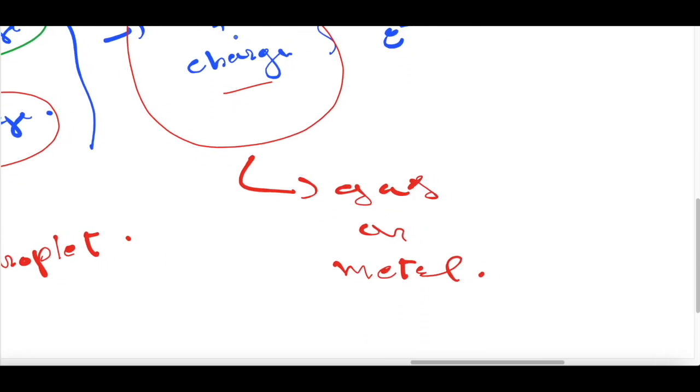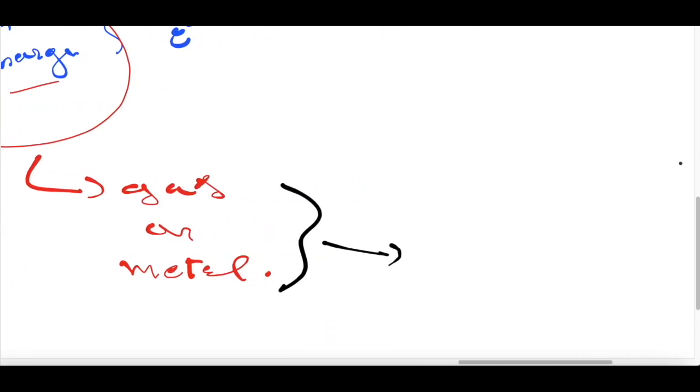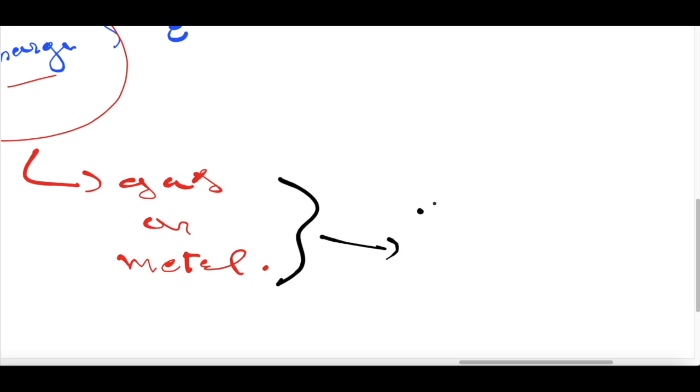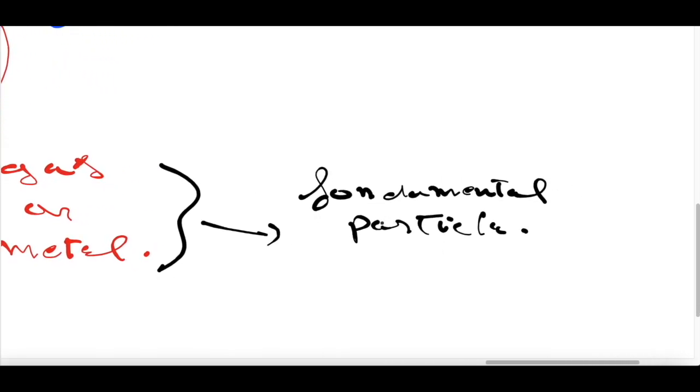So it was concluded that the electron is a fundamental particle of all atoms. So atoms were not indivisible. On the contrary, atoms were composed of these fundamental particles that are the electron.